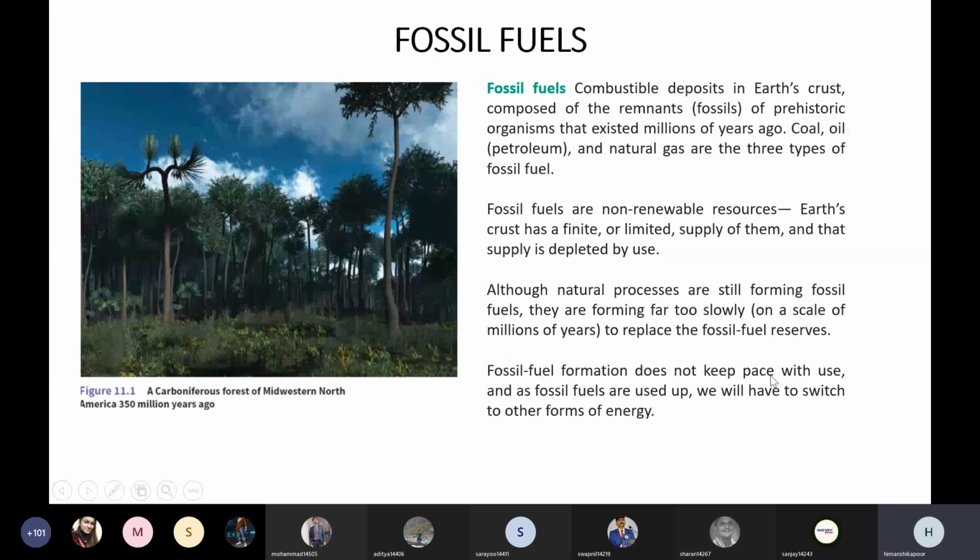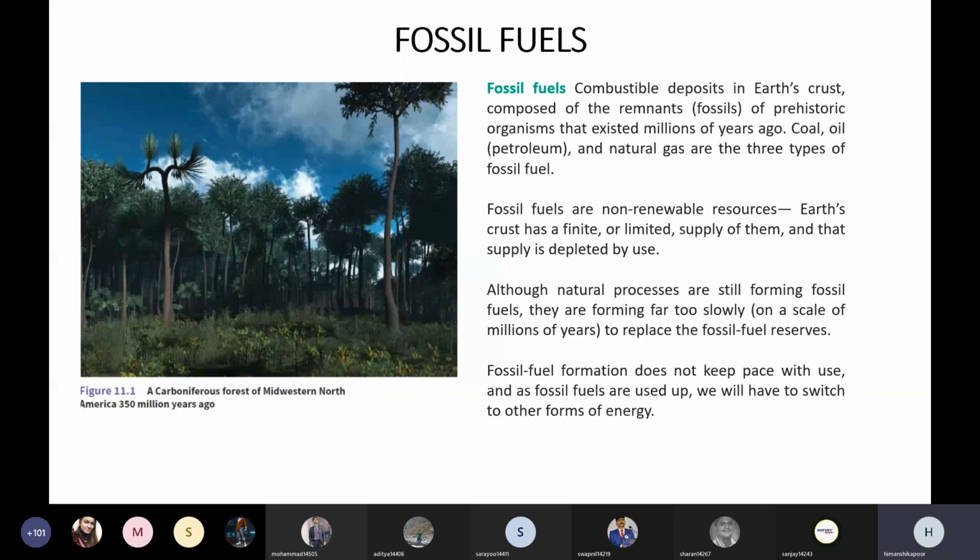Natural processes form them, but their rate of formation is very, very slow. The rate by which we are using them is extremely more, and they are formed in an extremely slow process. That is the main reason why our fossil fuels are being depleted.